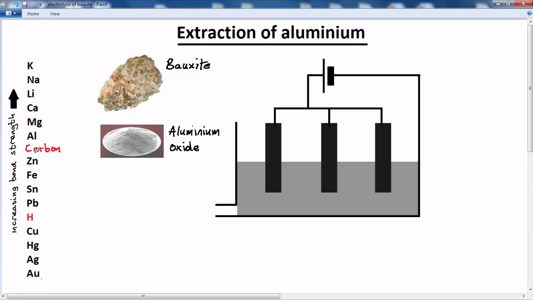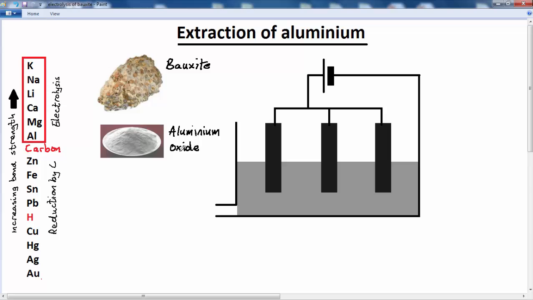So we can't use reduction by carbon if the metal is above carbon. These metals are more reactive than carbon, and the bond strength of their oxides is too strong. So we have to use another process called electrolysis to break the metal oxide bonds in these metals. Okay, so for aluminium up to potassium we're going to use electrolysis.